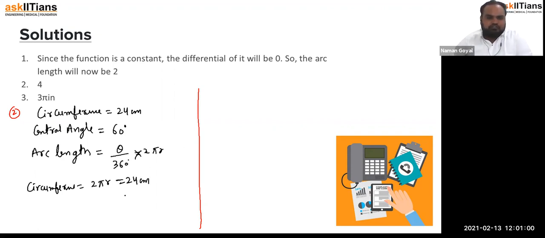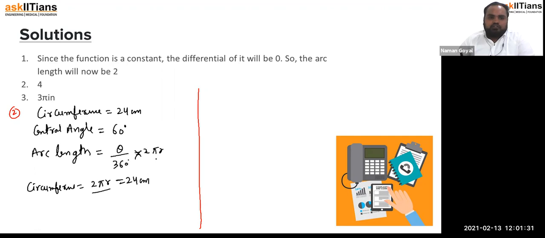So we have to put the value of 24 as 2 pi r, है ना? बहुत से बच्चे mistake करते हैं, they will take r as 24, but in the question it is given that r is not 24, the circumference is 24, so it means 2 pi r is 24. Are you getting my point? So don't make these types of silly mistakes, because if you make them in the exam, the marks will definitely be deducted.